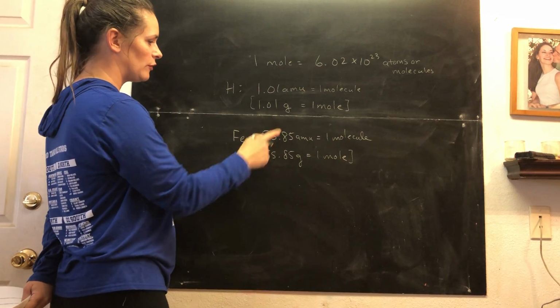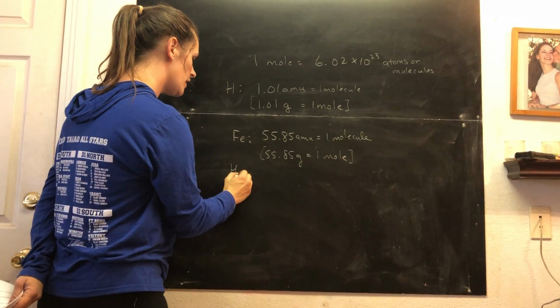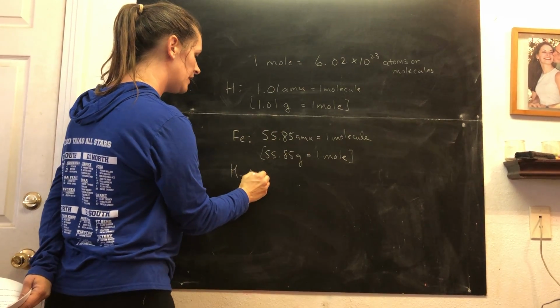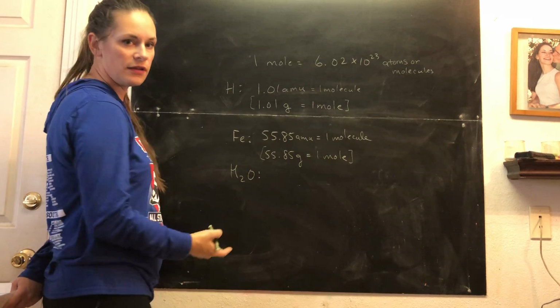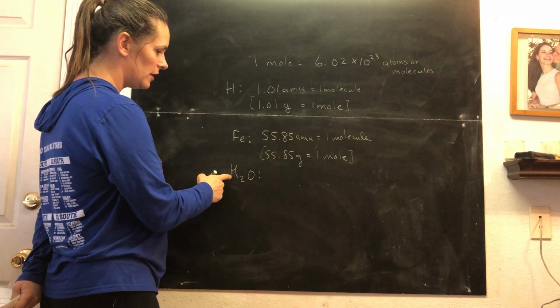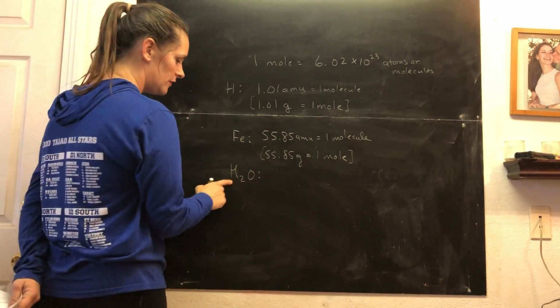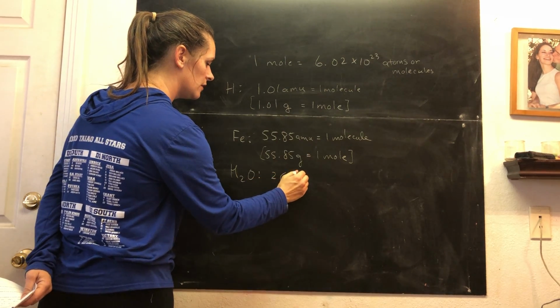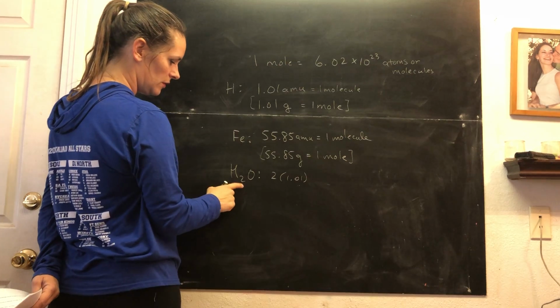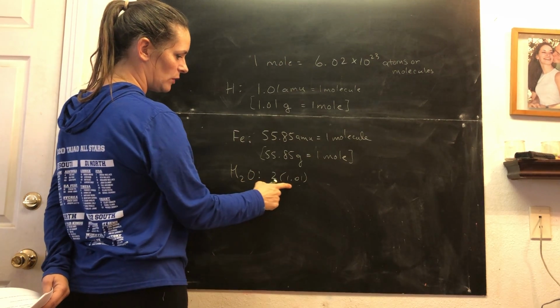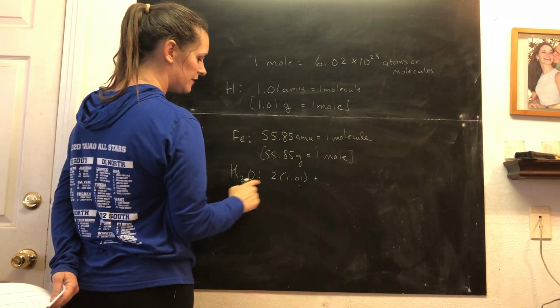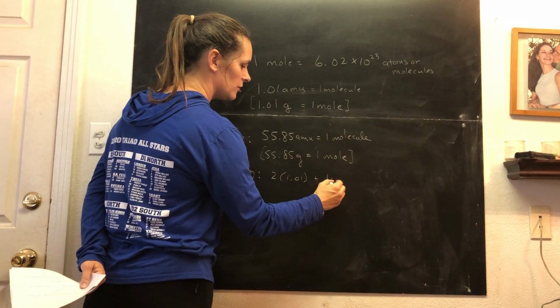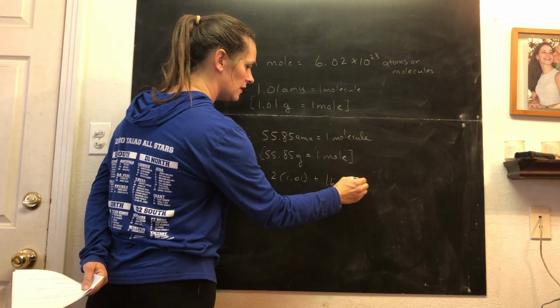So then we can do the same for molecules. For water, to find its molecular mass, we could find the weight of 1 molecule of water. So we know hydrogen is 1.01, and we have 2 hydrogens. So we have 2 times 1.01 plus the weight of oxygen, which is 16 even.